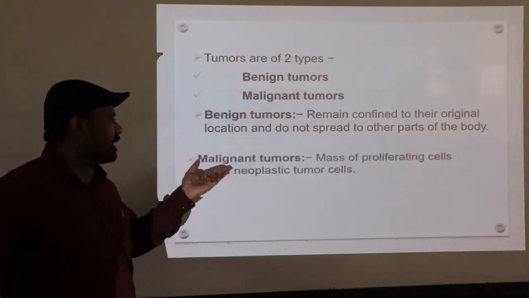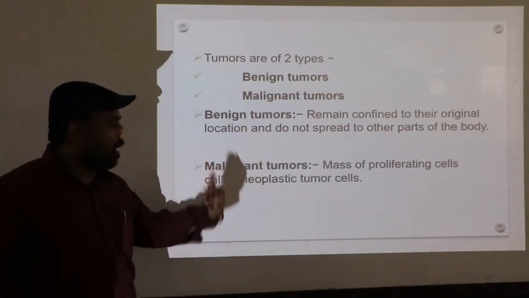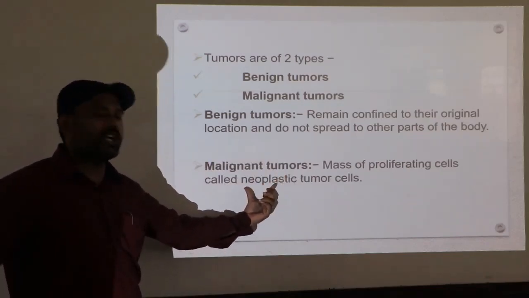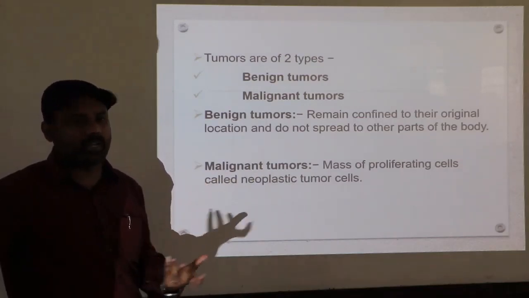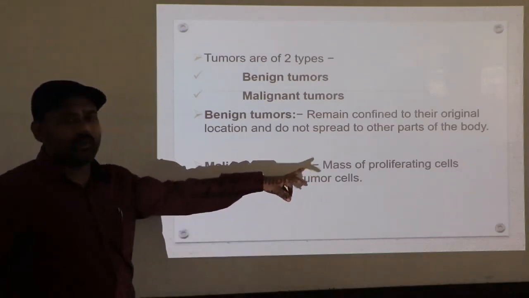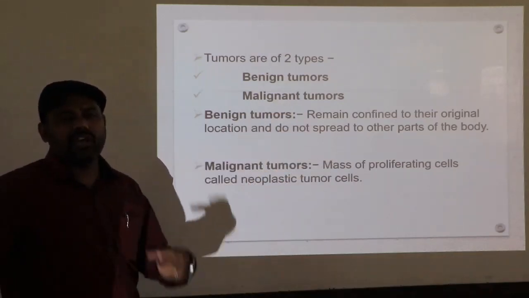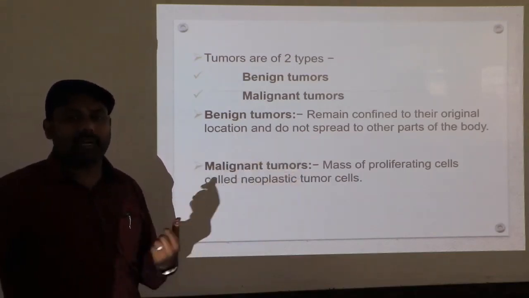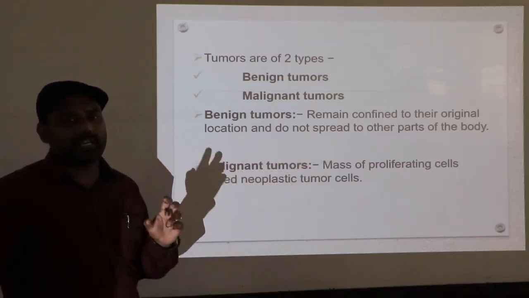But it is not the case in malignant tumor, because a malignant tumor is a mass of proliferating cells called a neoplastic tumor. Here the word neoplastic refers to an abnormal mass of cells. As we discussed in the last class, the word proliferation refers to rapid multiplication. So those cancerous cells undergo rapid multiplication, called proliferating cells, forming a neoplastic tumor.